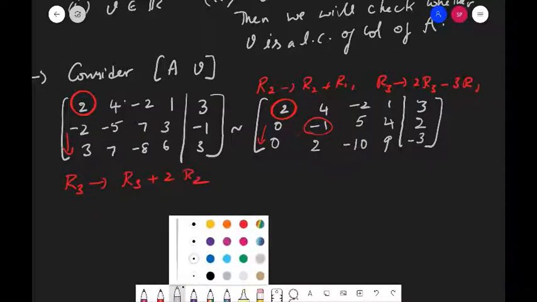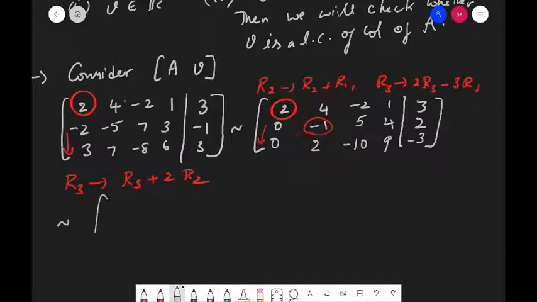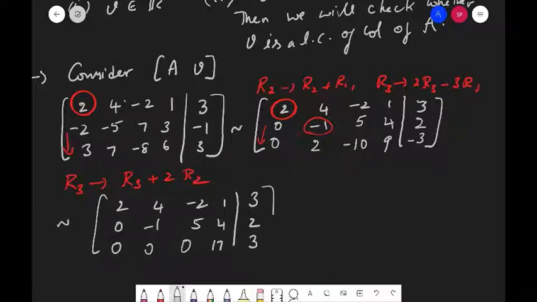So this will be transformed to 2, 4, -2, 1, 3 and 0, -1, 5, 4, 2 and 0, and 2 minus 2, 0, and -10 plus 10, 0, and then 9 plus 8 is 17, and then -3 plus 6 is 3. Now again let us mark the pivot positions. So it's the pivot position.